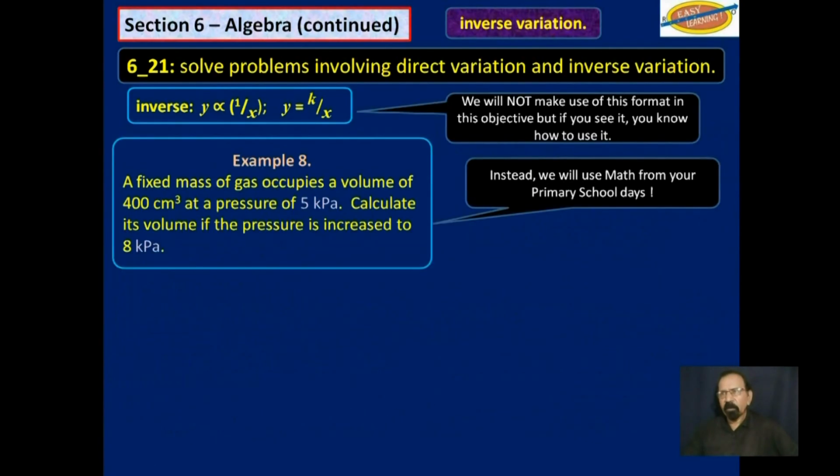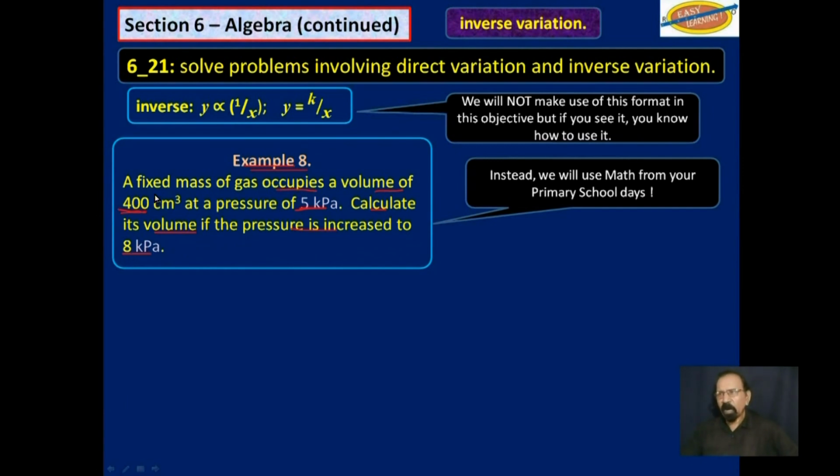So example 8, a fixed mass of gas occupies a volume of 400 cubic centimeters at a pressure of 5 kilopascals. Calculate its volume if the pressure is increased to 8 kilopascals. You don't need to know this except that it is inverse. If you increase the pressure, the volume will decrease.